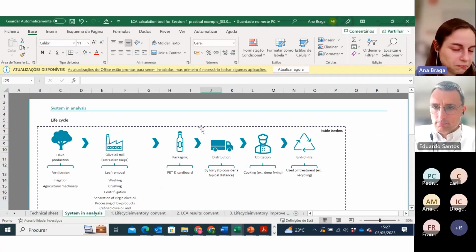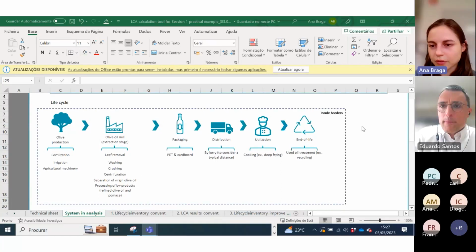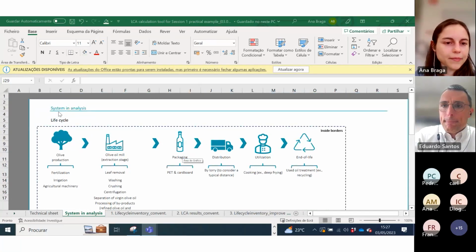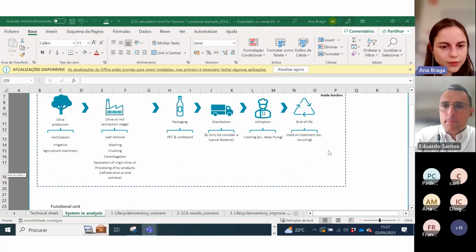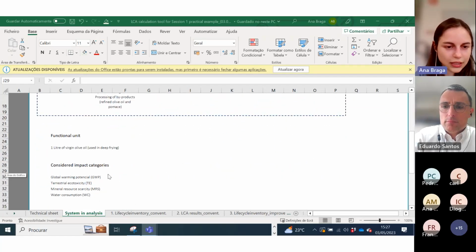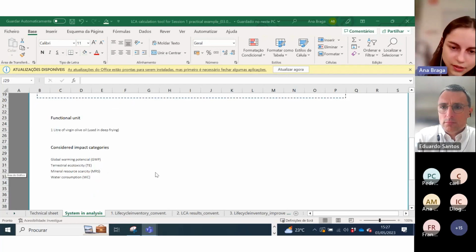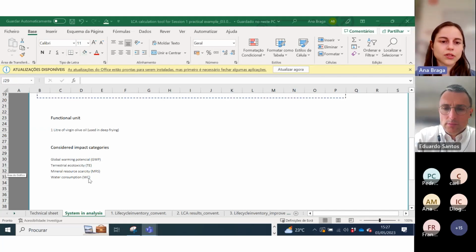So we have here what we'll be talking about: the system in analysis, each stage inside the borders, the functional unit, and the considered impact categories. We'll choose these among the whole bunch of categories that you see in the theoretical part. So it's the global warming potential, the terrestrial ecotoxicity, mineral resource scarcity, and water consumption.